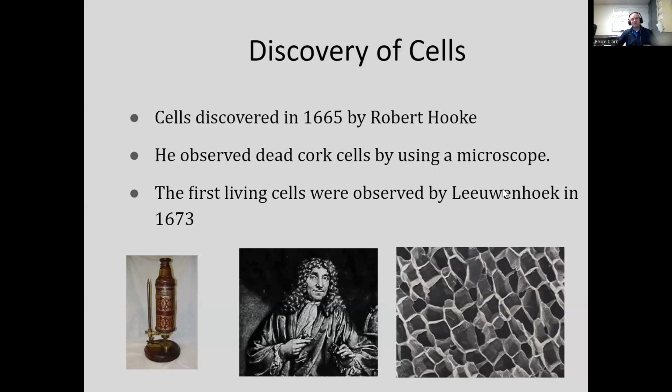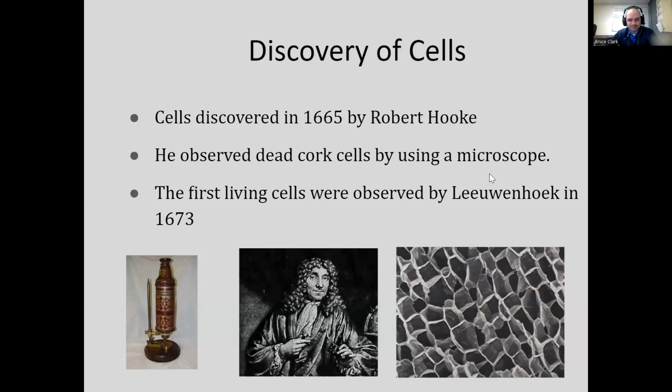And then it was 8 years later that the first living cells were observed by Anton van Leeuwenhoek. That's Anton down there in the middle, and what the cork would have looked like is on the right there. They looked at different cells, and that's where the name came from, as they looked like cells. We think of jail cells today, but at the time it was actually where monks lived in monasteries, kind of like dorm rooms were considered to be cells there.